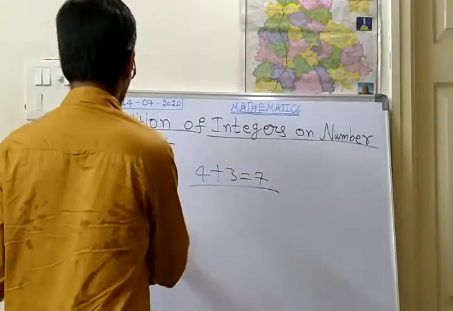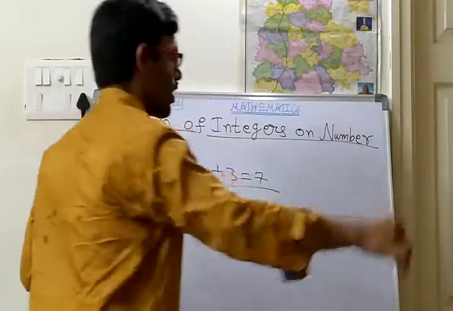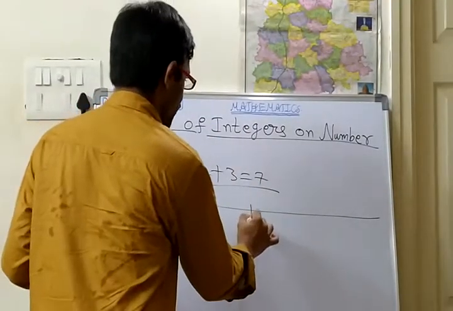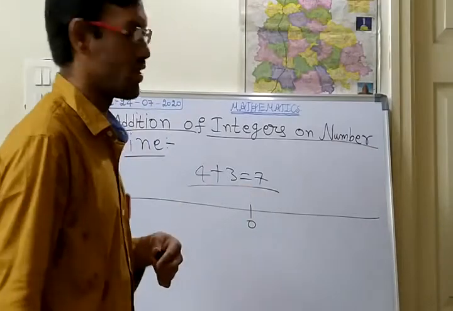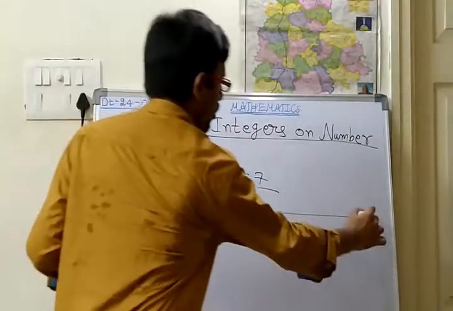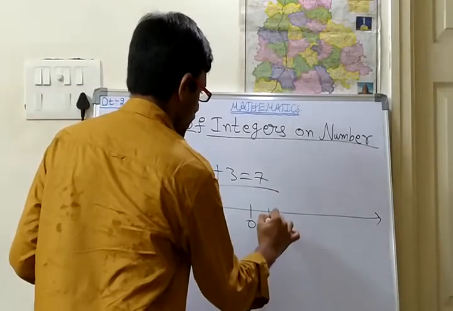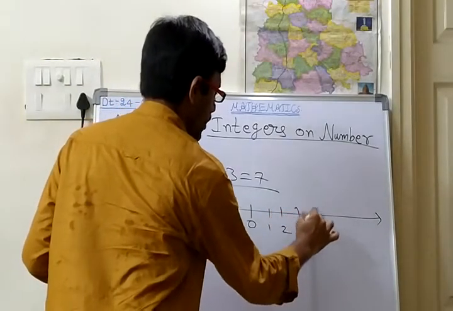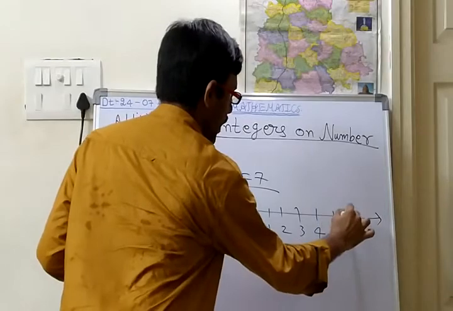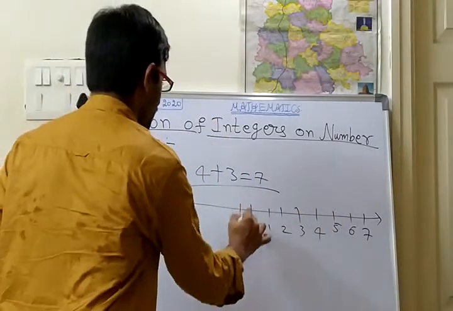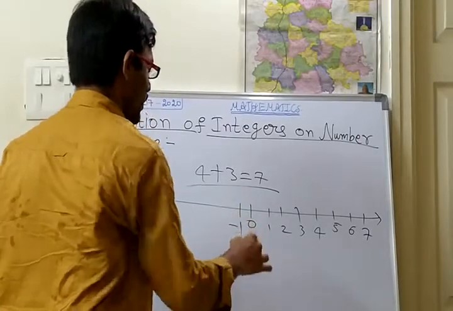Suppose you take a number line. On the number line, generally 0 will be at the center. After 0 there will be positive numbers, like 1, 2, 3, 4, 5, 6, 7. And before 0, what will there be?